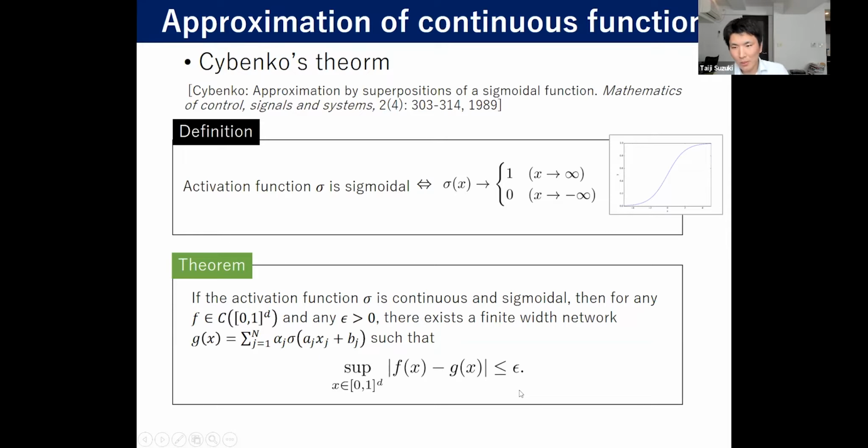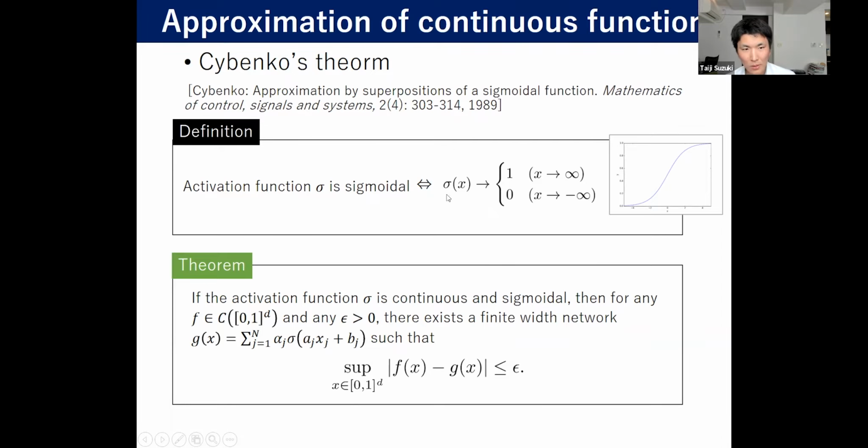So this is the more precise statement of the universal approximability of neural networks. Any continuous function with compact support can be approximated by a two-layer neural network with any precision in terms of the L infinity norm. Moreover, it is known that the set of continuous functions is dense in the L1 and L2 spaces. So this theorem also states that the set of neural networks is dense in the L1 and L2 spaces. Okay.